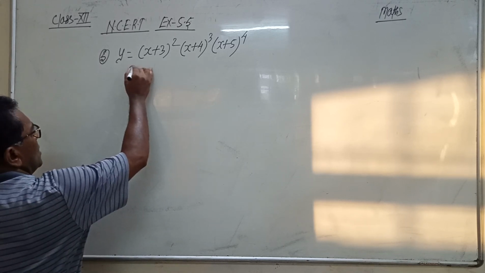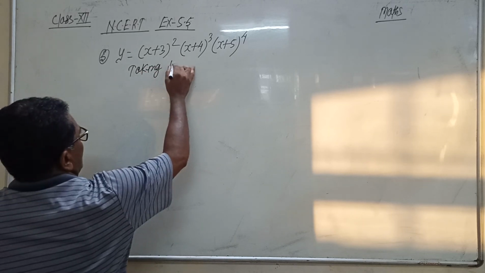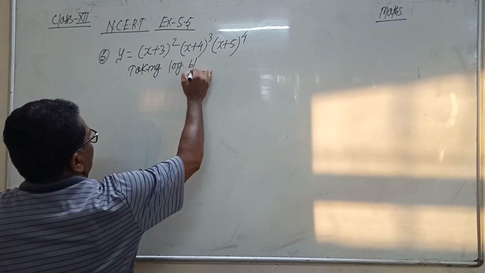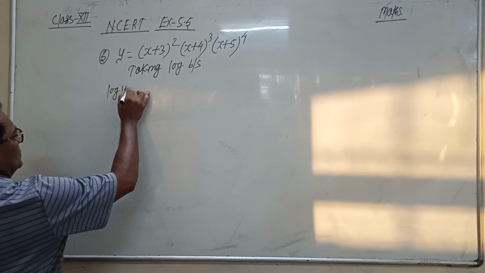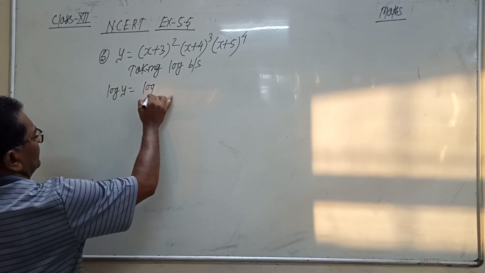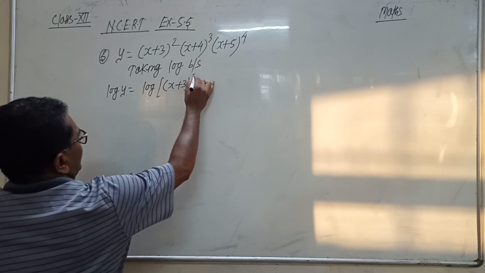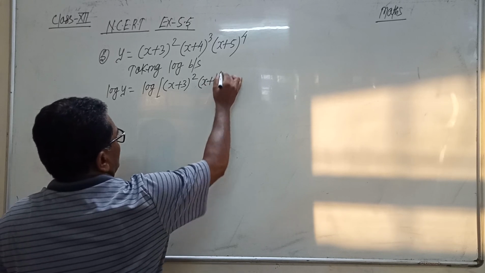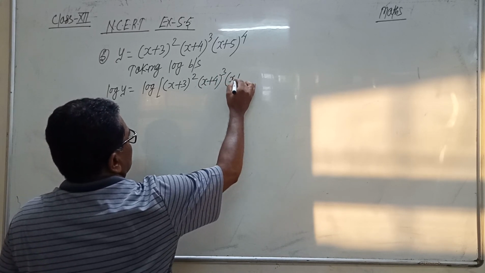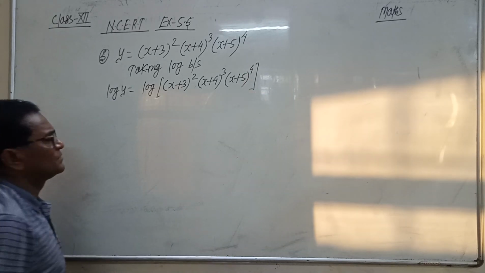So taking log both sides, log y equals log of (x plus 3) the whole square, (x plus 4) the whole cube, and (x plus 5) the whole power 4.